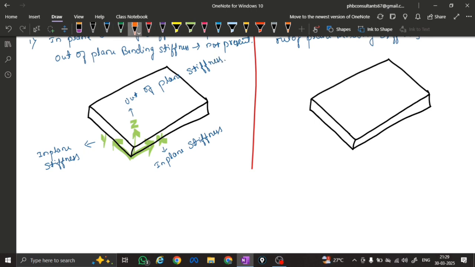In our membrane this out of plane stiffness is not present, so I will write this not present in membrane.